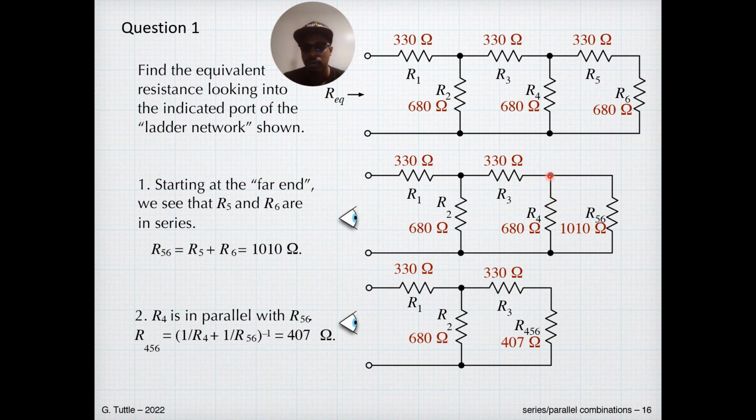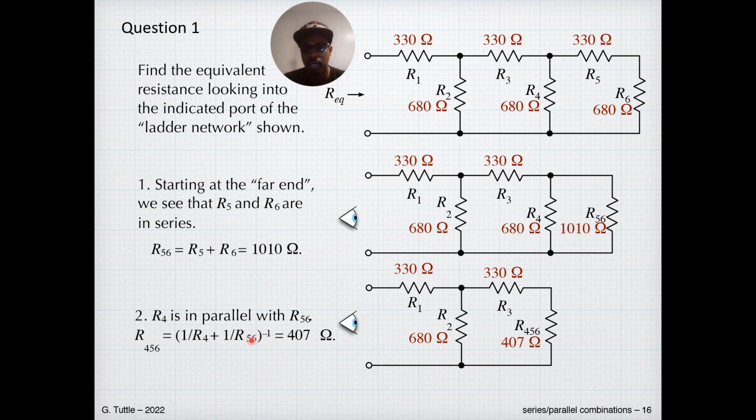So we're going to find the equivalent of R4, 5, and 6, which is our parallel combination. That is equal to 1 over R4 plus 1 over R5,6, and we find the reciprocal of this value, and that's equal to 407.